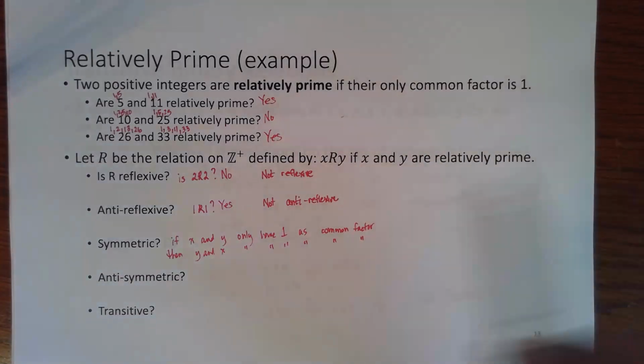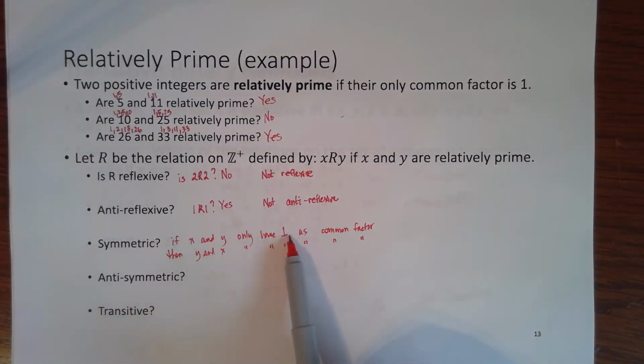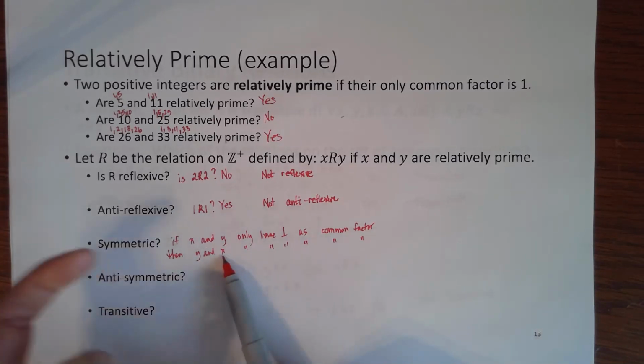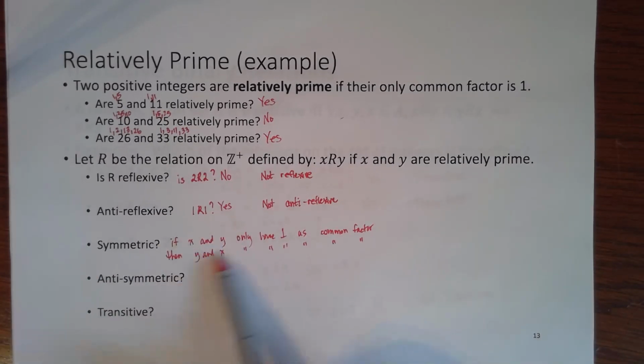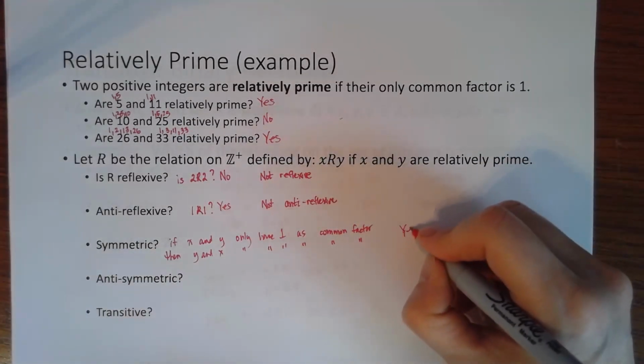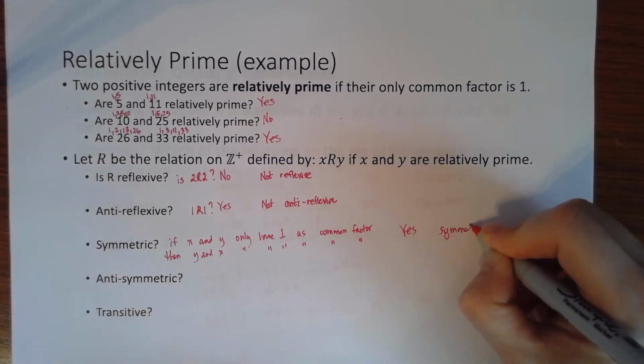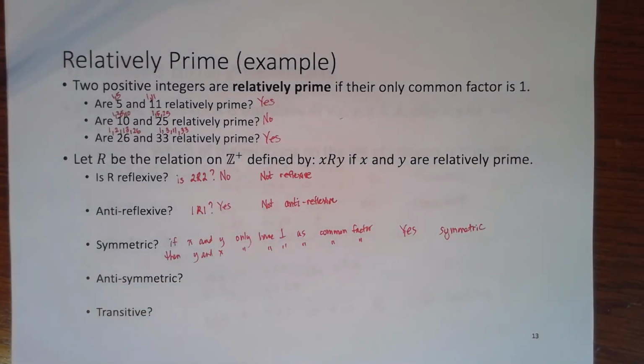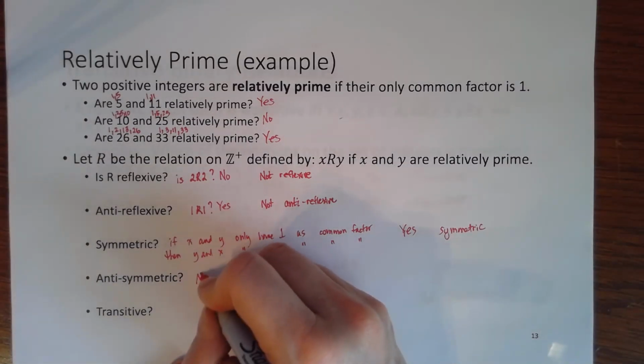There's no way for x and y to have something other than 1 as a common factor, but y and x not have it. So yes, this one is symmetric. Is it anti-symmetric? When x is not equal to y, if x is related to y, will I not be able to get y related to x? No, definitely not. We're always going to have both pairs xy and yx in there. So this one is no.